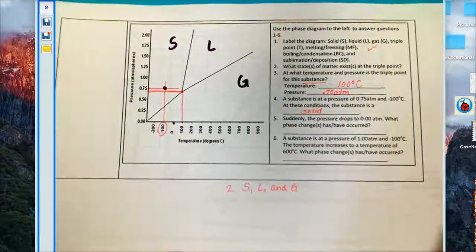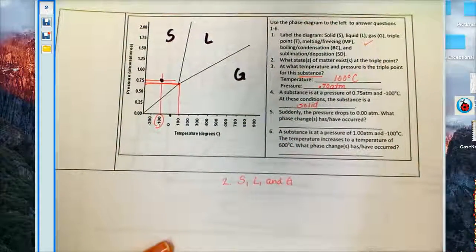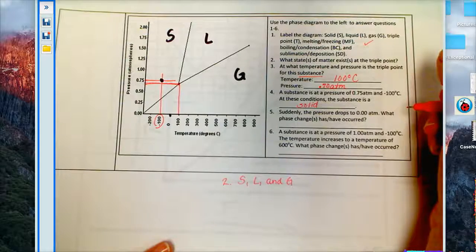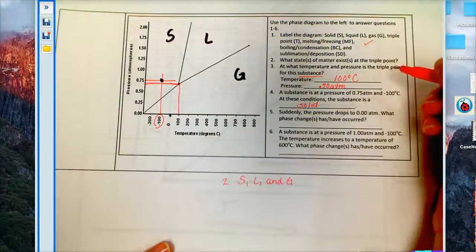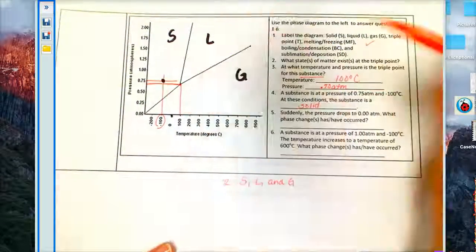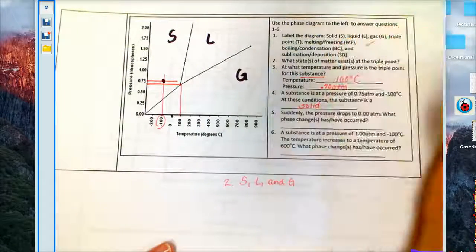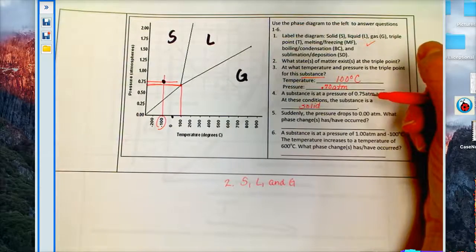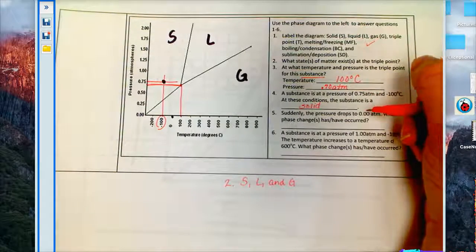solid. Suddenly, the pressure drops to 0 ATM, which is abnormal. That's below what we have. What phase changes have occurred? So this pressure all of a sudden drops from right here. In this case, we're assuming the answer from number 4. So the pressure all of a sudden drops down to 0 ATM.